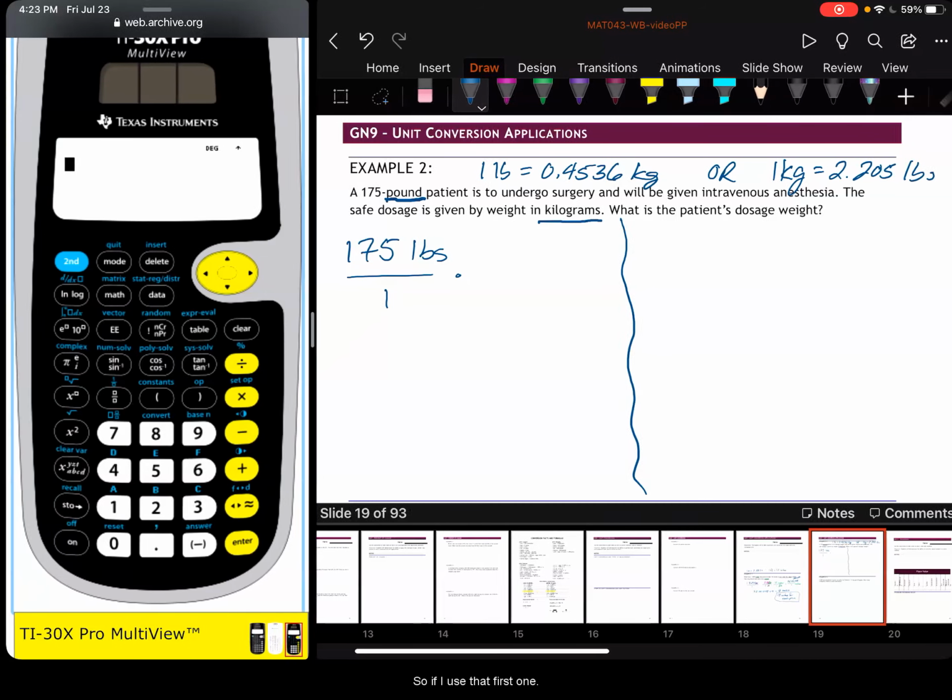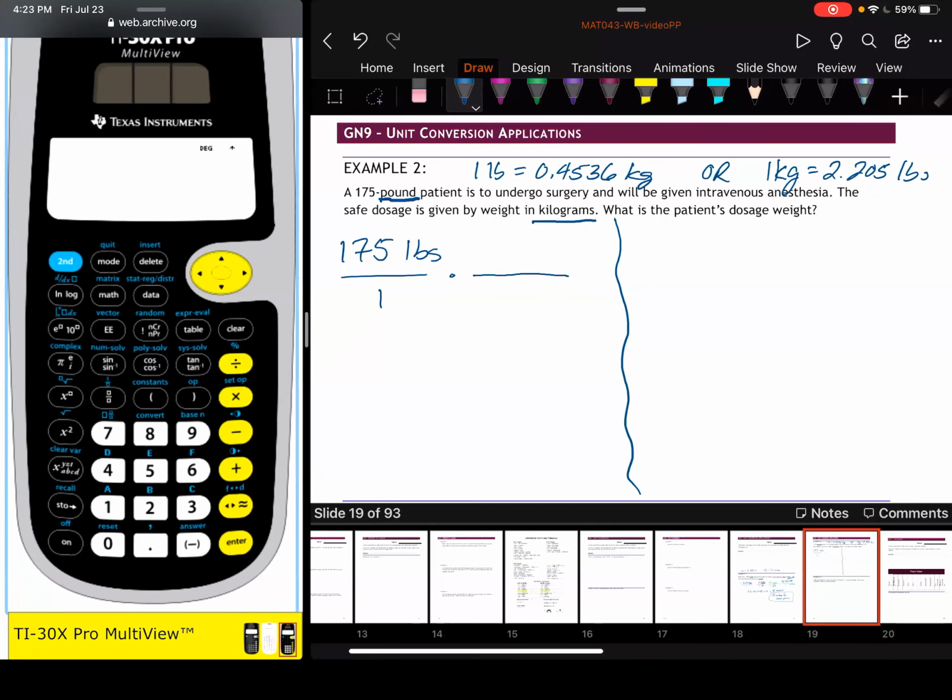So if I use that first one, I would have pounds in the denominator because I started with pounds in the numerator, so I would put it in the bottom on the next one. So 1 pound, and then we'd have our 0.4536 kilograms. Now, kilograms is what we were looking for, so I don't need to do another conversion fact.